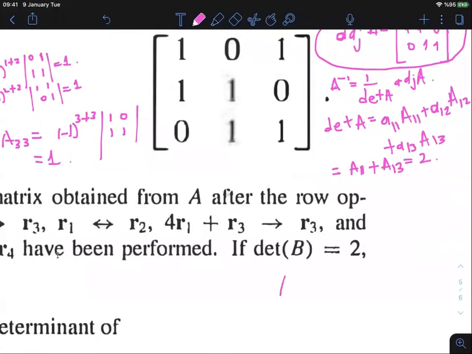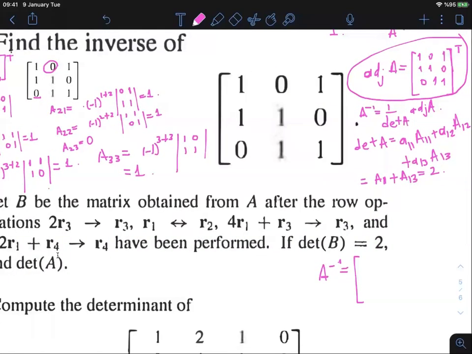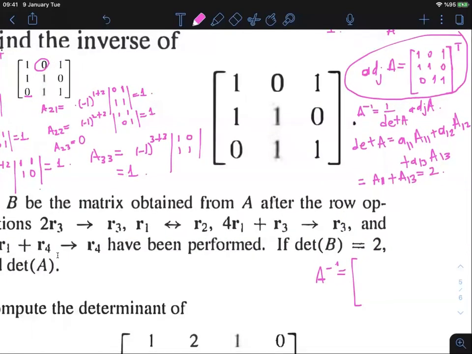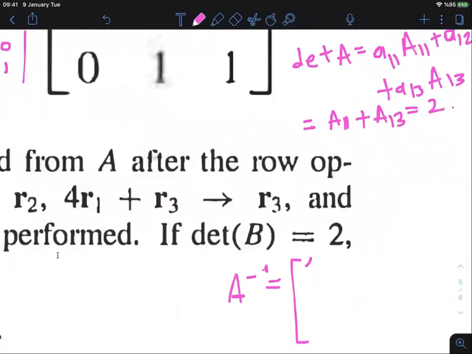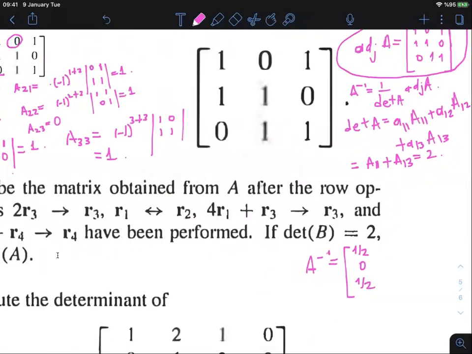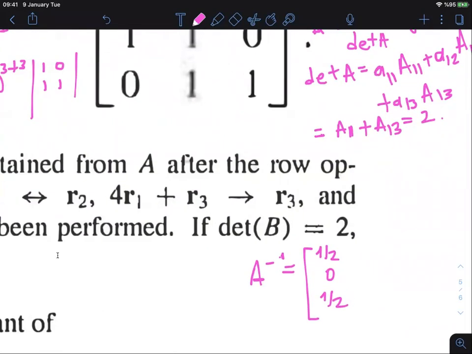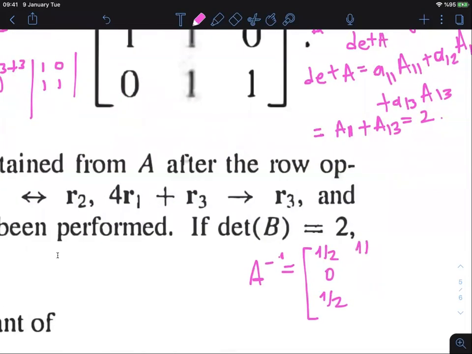So let's write it. First I take the transpose of it, so it will become 1 over 2, 0, 1 over 2. The second row becomes the second column: 1 over 2, 1 over 2, and 0.